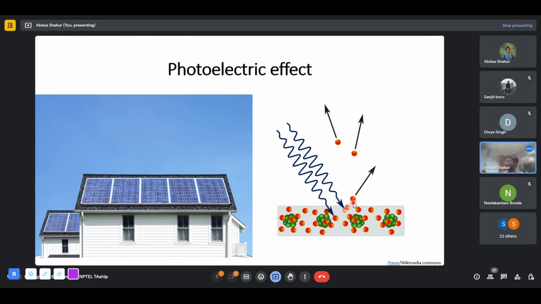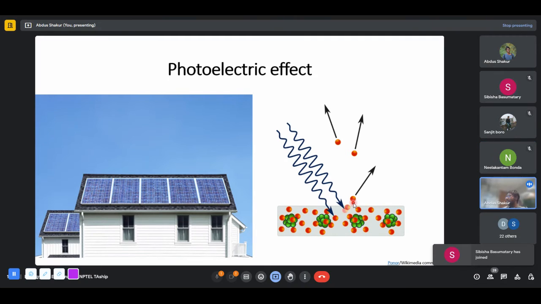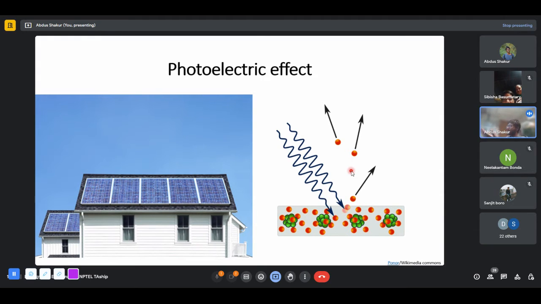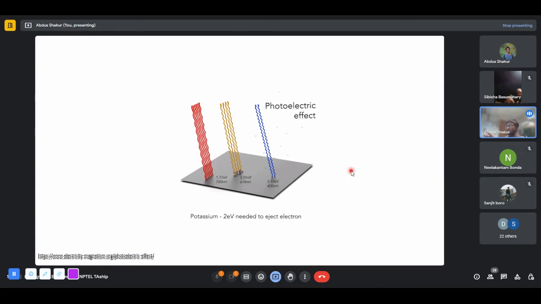This effect is called the photoelectric effect, where the energy from incident light leads to excitation of electrons. So these photovoltaics, or solar panels, try to utilize that effect to generate electricity.